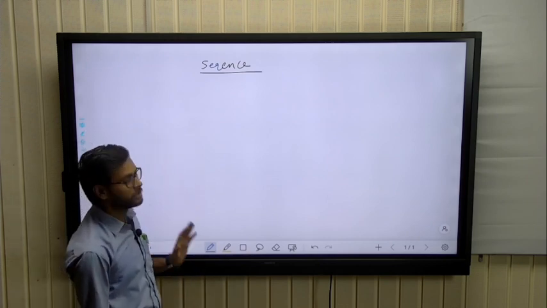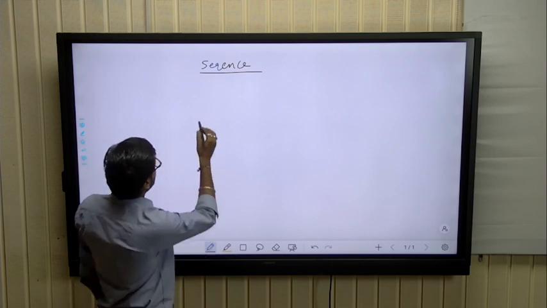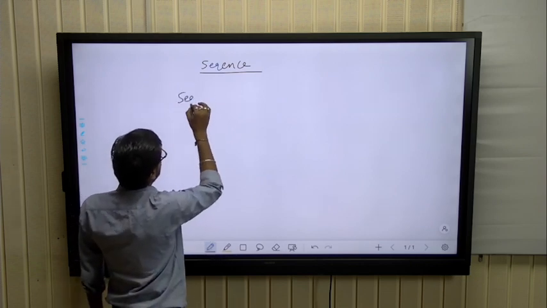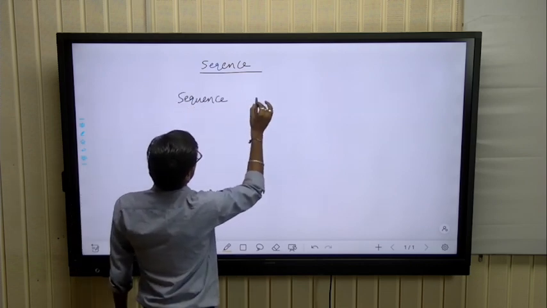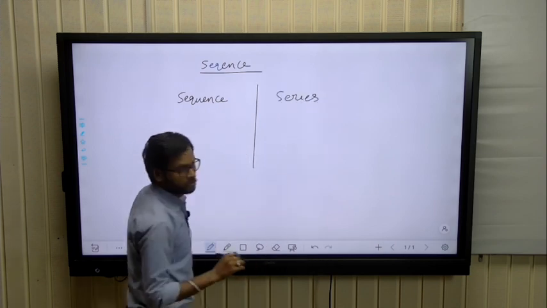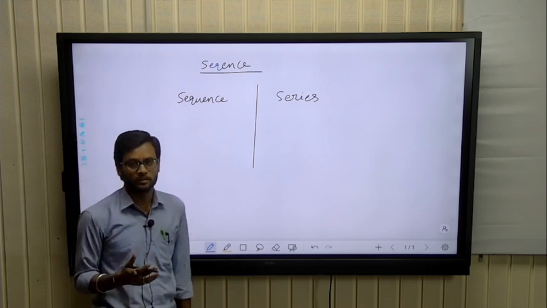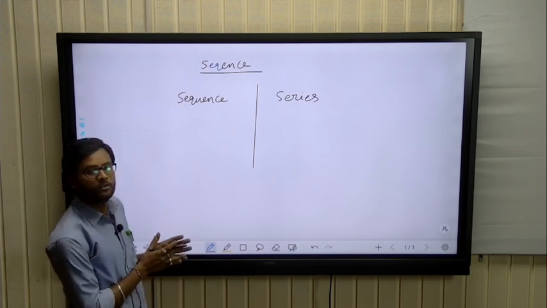What is the use of sequence in mathematics? Basically, we talk about two terms: sequence and series. These two topics look similar, but by definition they are not similar.